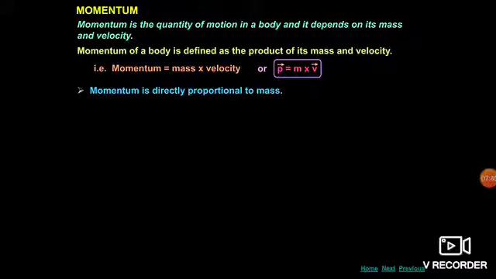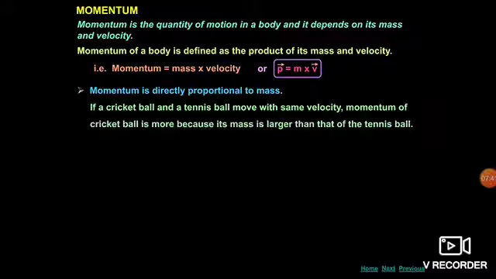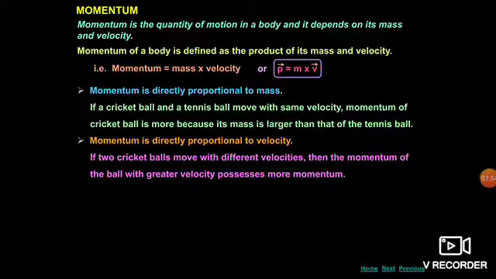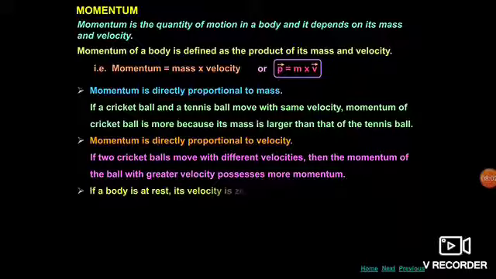Momentum is directly proportional to mass. If a cricket ball and a tennis ball move with the same velocity, the momentum of the cricket ball is more because its mass is larger than that of the tennis ball. Momentum is directly proportional to velocity. If two cricket balls move with different velocities, then the ball with greater velocity definitely has more momentum.